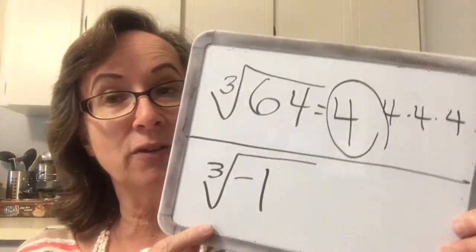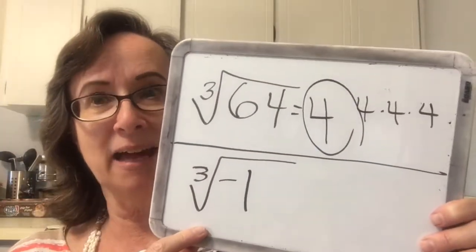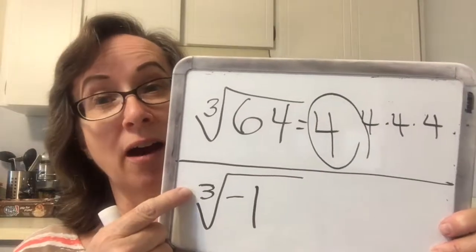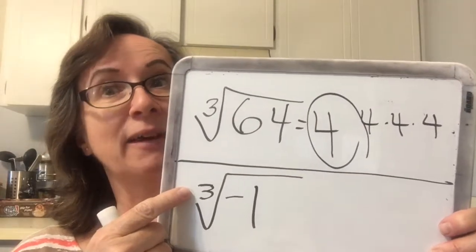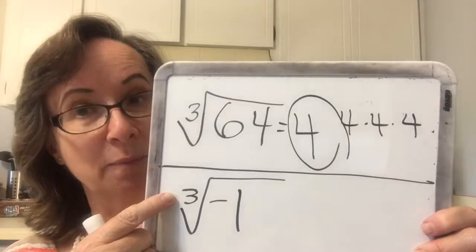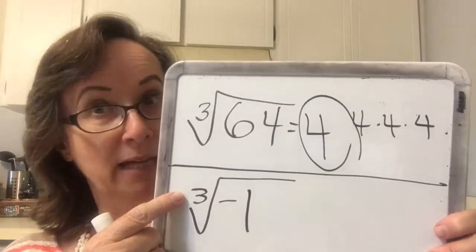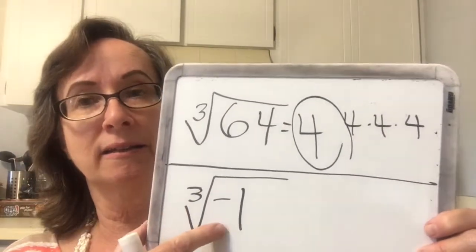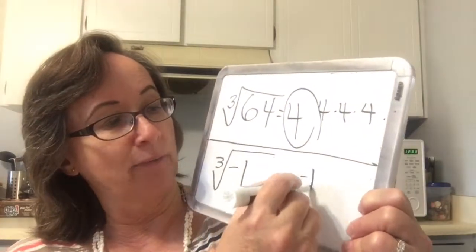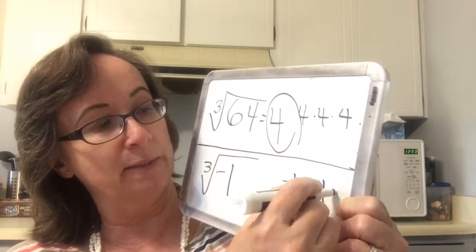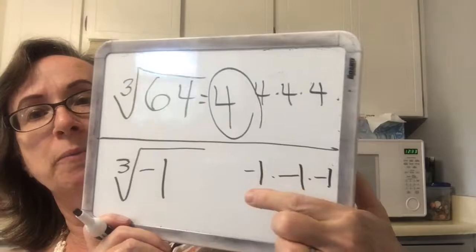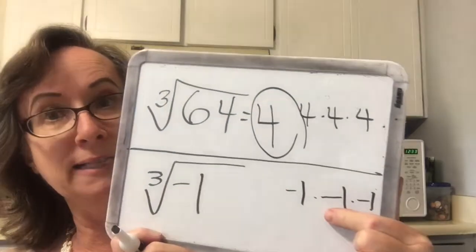Now we have a negative under the radicand. This time it's legal because I have an odd index and there is a real number that I can multiply by itself 3 times to get -1. And that is -1 times -1 times -1. All right, remember -1 times -1 gives me a +1.